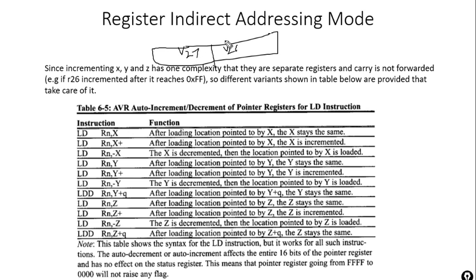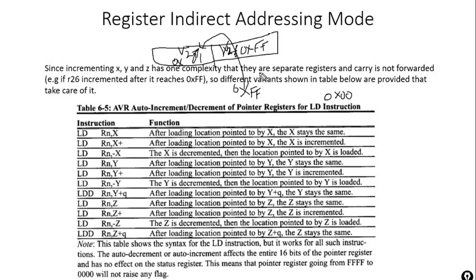And if there comes a point where R26, by incrementing, reaches 0xFF, and incrementing it further will make it 0x00, there should be a carry to R27. But since they are 2 separate registers, the carry is not forwarded to R27. So let's say here it is 0x01 and here we reach 0xFF.